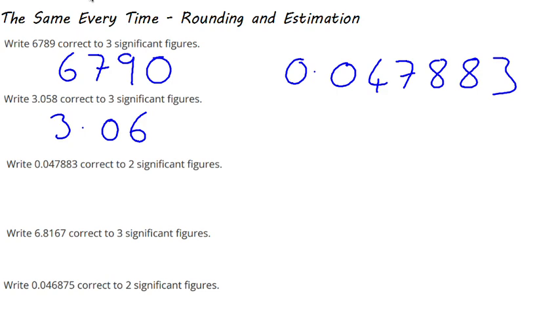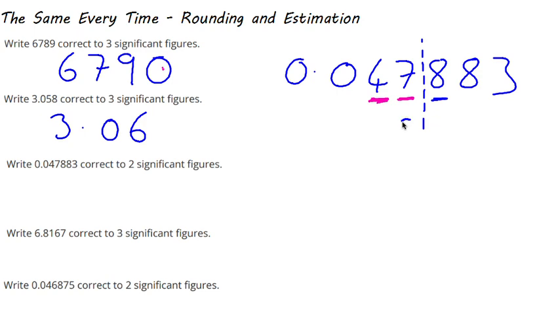So we have a 0, so that's not significant. 0, not significant. So the first significant figure is this 4, and the second significant figure is that 7. So the cutoff point after the second significant figure is just there. So we look at the next number, it's an 8. Does that tell us to round up or stay the same? Well, that's a round up, isn't it?